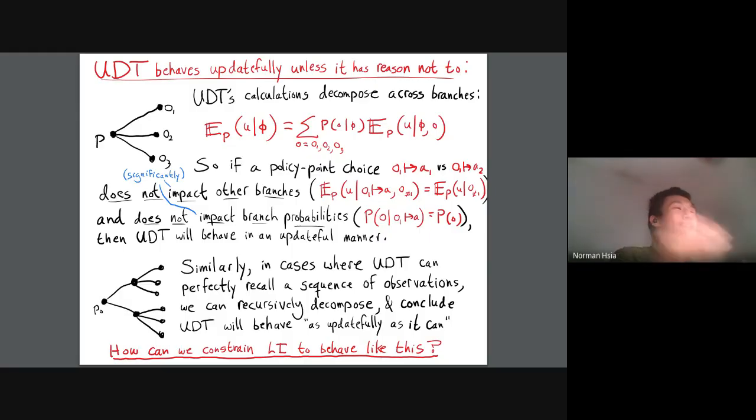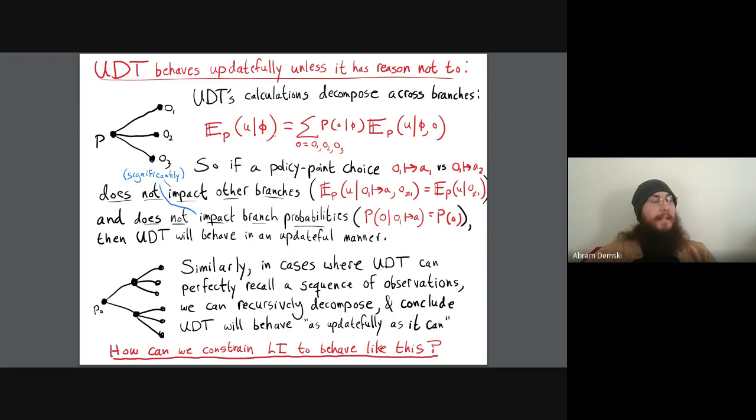But that's my opinion here: it's not that we're being updateful, but that we're decomposing the update. This is the expectation that updateless decision theory needs to take with some phi, depending on which version of UDT we're using.